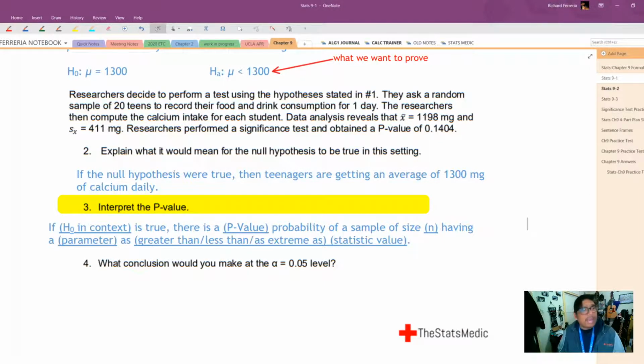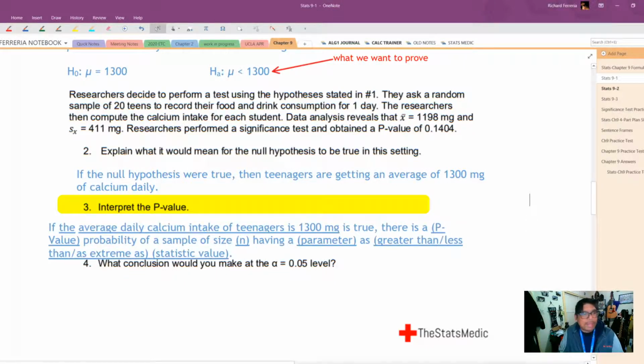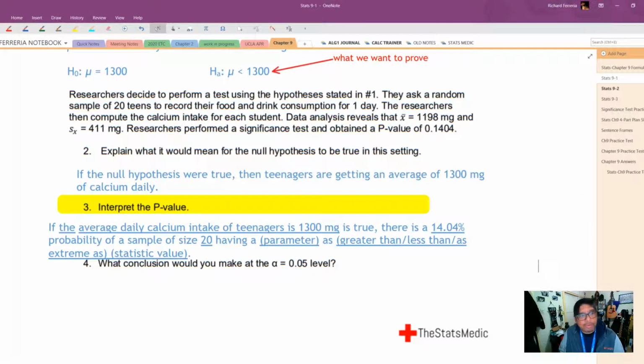So if H naught in context, what is H naught in context? Well, that would be the average daily calcium intake of teenagers at 1300 is true. Then there is a p-value. What is our p-value? That's 14.04. So there is a 14.04 probability of a sample of size 20 having a parameter.